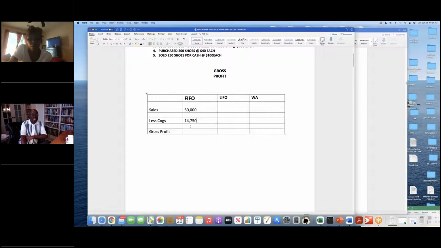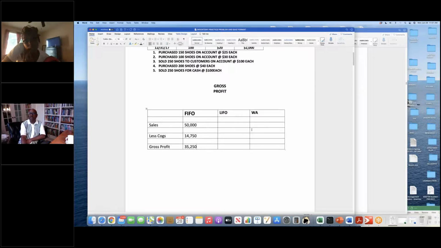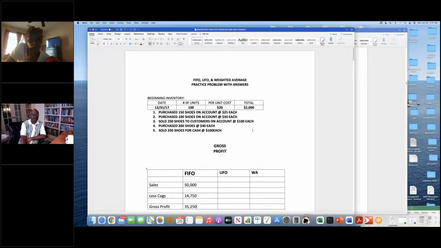And sales less cost of goods sold. Make sure we're subtracting it. The gross profit is going to be what? 35,250. All right, 35,250. I take your word for it. So that's what you're expected to be able to do.